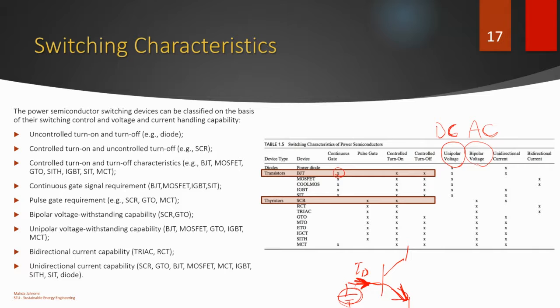So the gate needs a continuous signal. You can't pulse it. But the good thing about it is that it can control when it turns on and when it turns off. And it can work with DC sources, and the current only goes one way. So the current goes from collector to emitter.